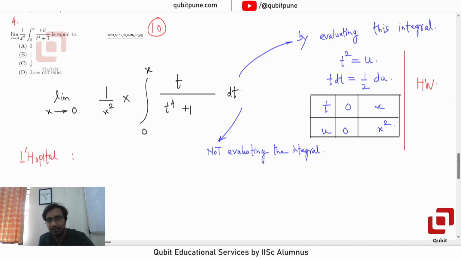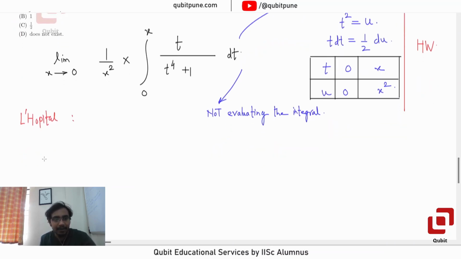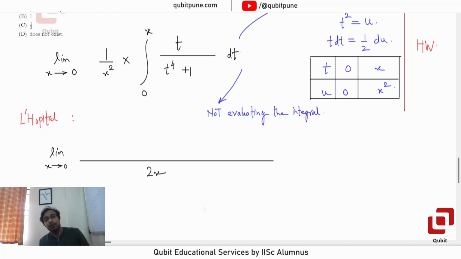So tell me now, if we apply L'Hospital's rule, there is no question regarding the derivative of the denominator, that is 2x, isn't it? How will you now go for the derivative of the integral? Remember, I told you a rule which we called DUIS, differentiation under the integral sign, or we also call it Leibniz rule sometimes.